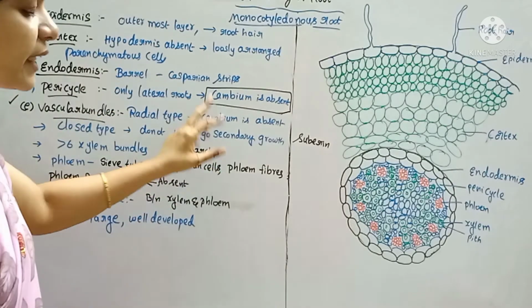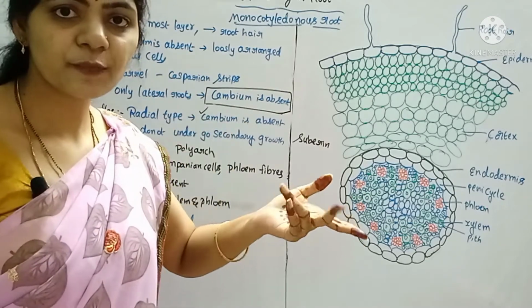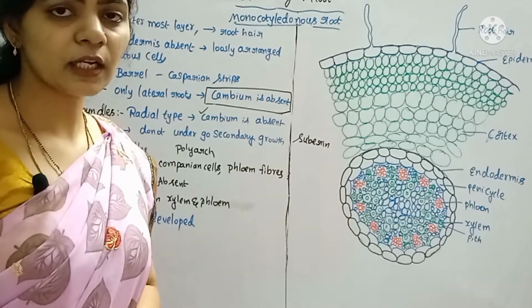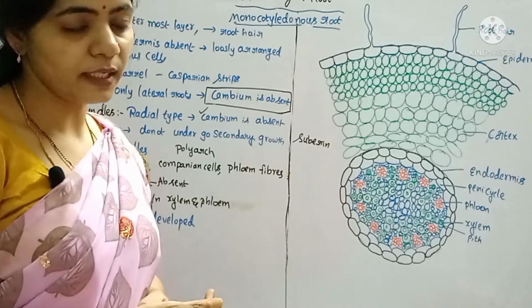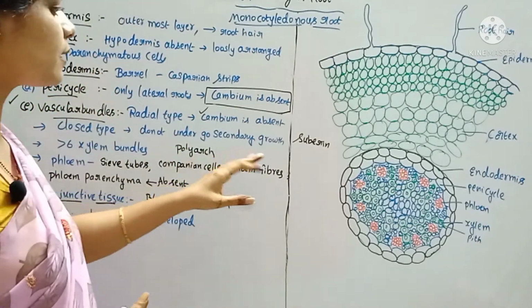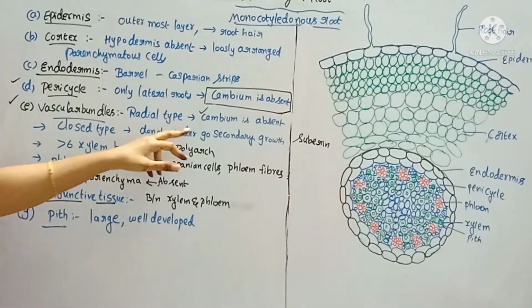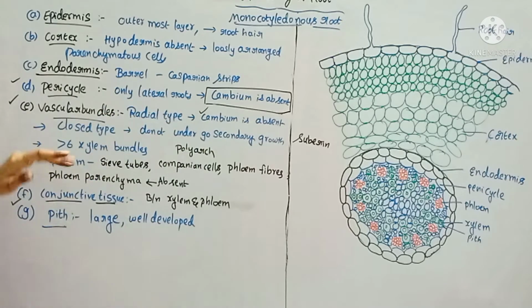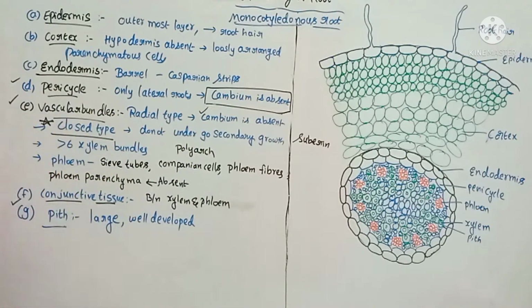And here, the cambium is absent between the xylem and phloem. If the cambium is present, the vascular bundles are called open vascular bundles. They are open for secondary growth, right? But here, there is no cambium between the xylem and phloem. Hence, this type of vascular bundle is called a closed type of vascular bundle.